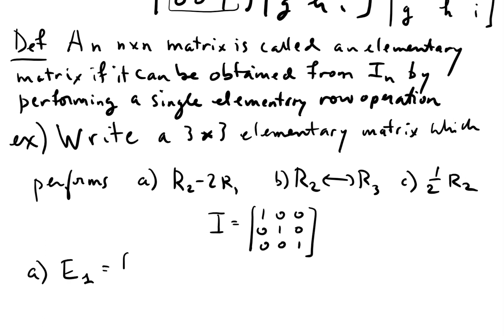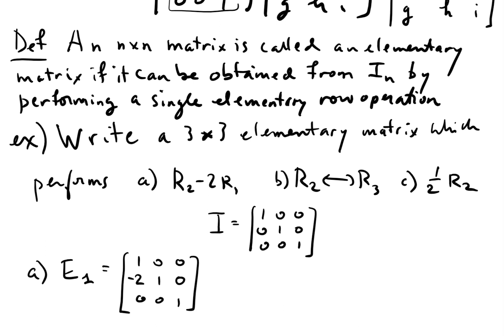All I have to do is change row 2. Row 2 is changing, but the other two rows are not. And after that, I perform this row operation on row 2. So I get 0 minus 2 row 1, this, and this. Here we go. That's the first elementary matrix.